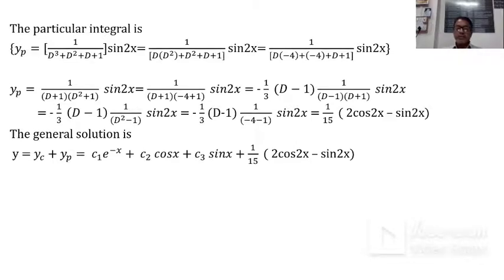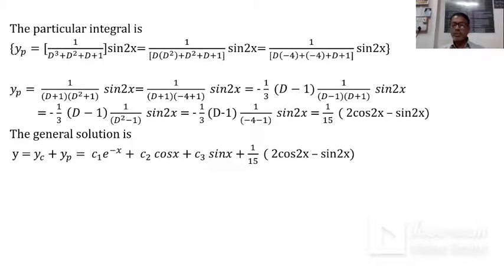This is c1 e to the power minus x plus c2 cos x plus c3 sin x plus 1 upon 15 into bracket 2 cos 2x minus sin 2x. This is the general solution of the given non-homogeneous differential equation in which the right hand side term is of the type sin ax or cos ax.